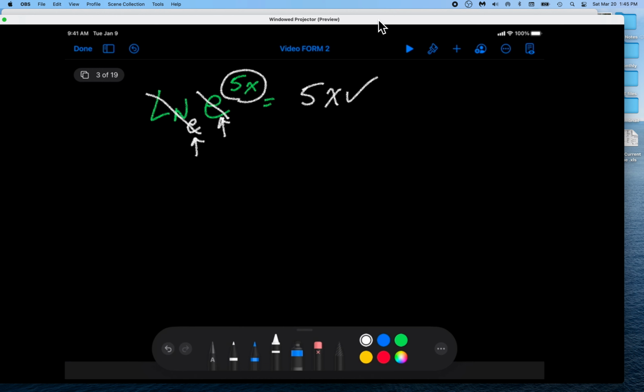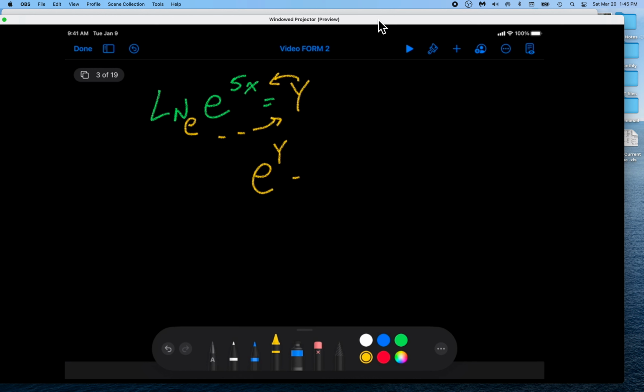Or, if that didn't jump out at you, we could set this equal to a variable and do whirlybird. So we can't pick x because it's up there in the exponent. So here we would do whirlybird, and we would try to solve for y.